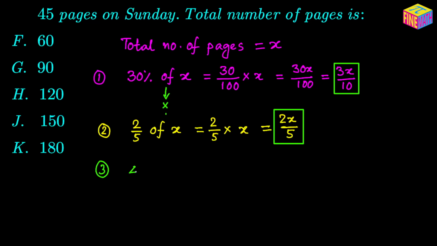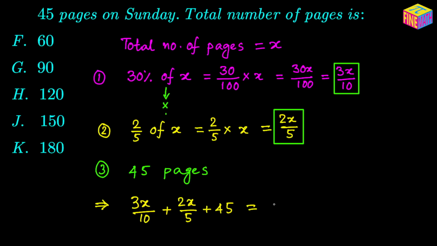If we add all these three portions, that would give us the entire book, right? So 3 times x over 10 plus 2 times x over 5 plus 45 will be equal to our complete book, which is x number of pages.